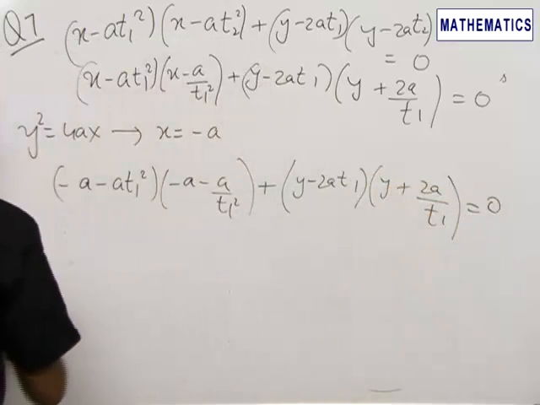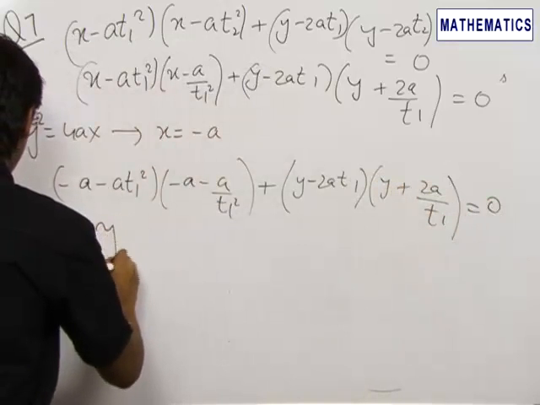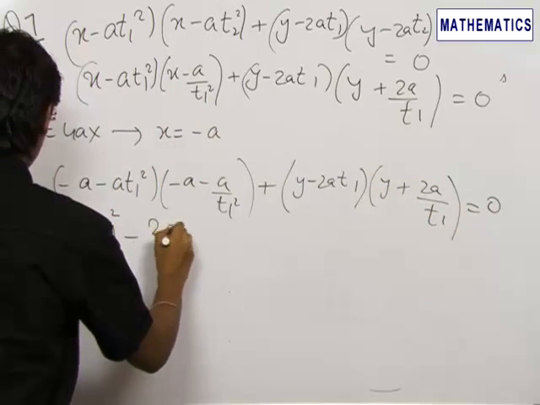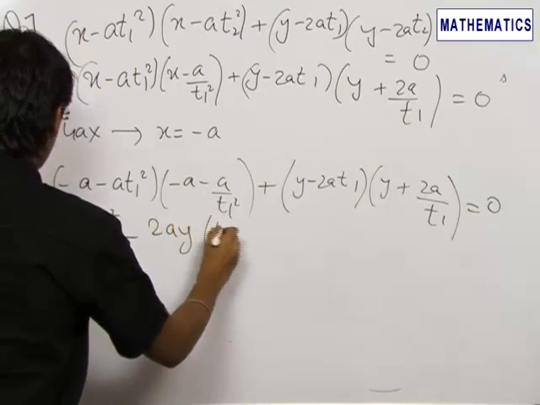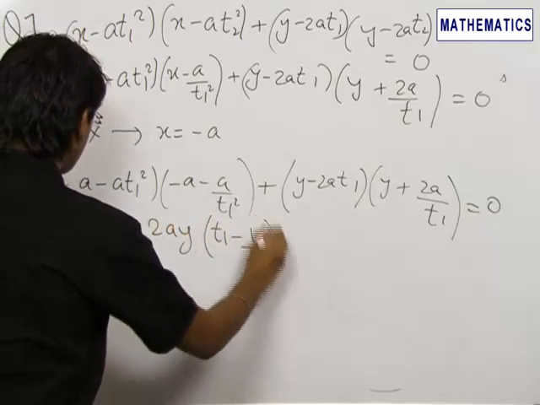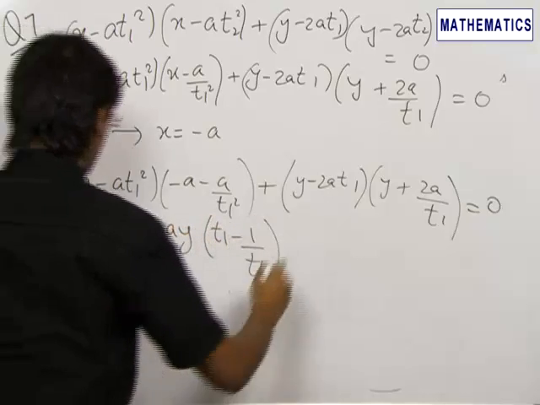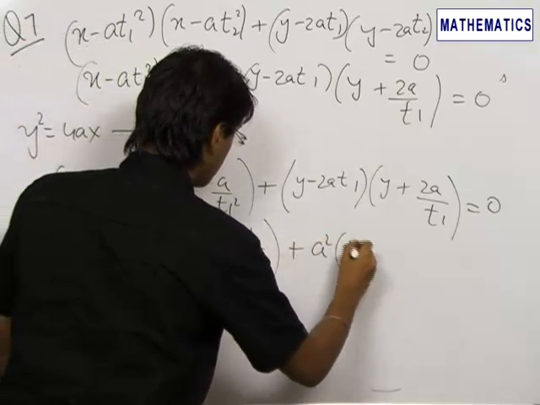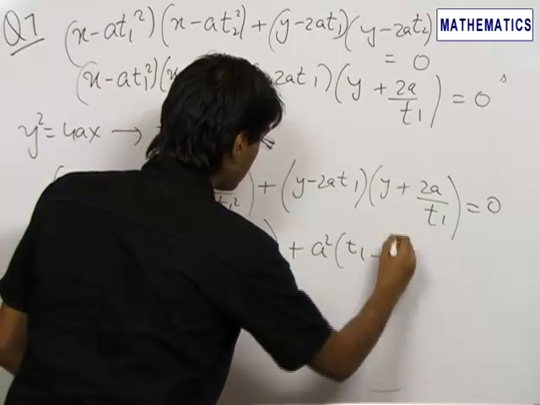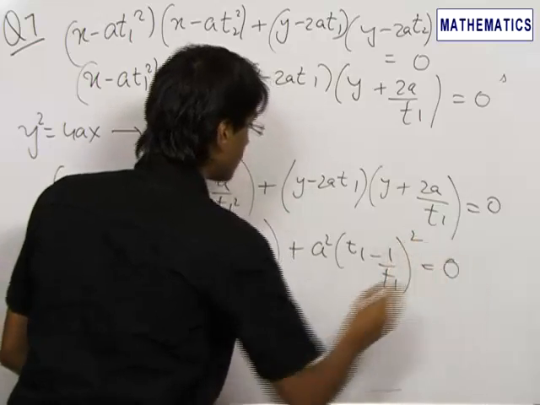equals 0. On further solving, this quadratic becomes y square minus 2ay into t1 minus 1 upon t1 plus a square times t1 minus 1 upon t1 whole square is equal to 0.